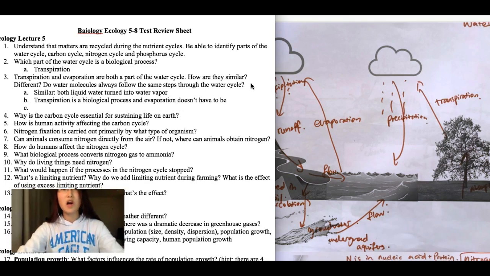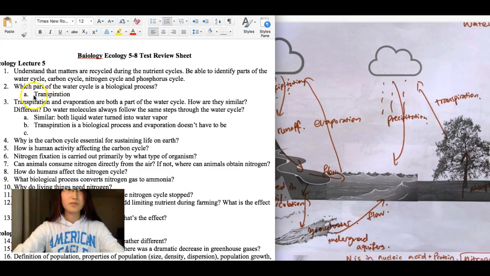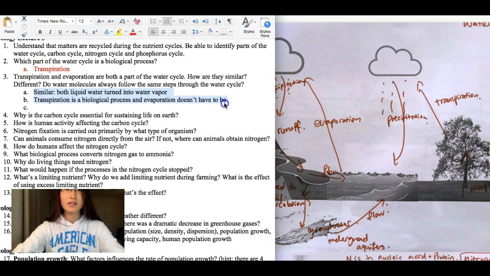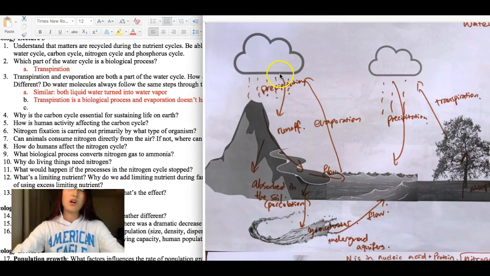Do water molecules always follow the same steps throughout the water cycle? And the answer for that will be no, because if you look right here, our water cycle could go this way through runoff and then evaporation. That could be a full cycle, but you can also go precipitation, runoff, absorption through the soil, flow, and then absorption again, transpiration.